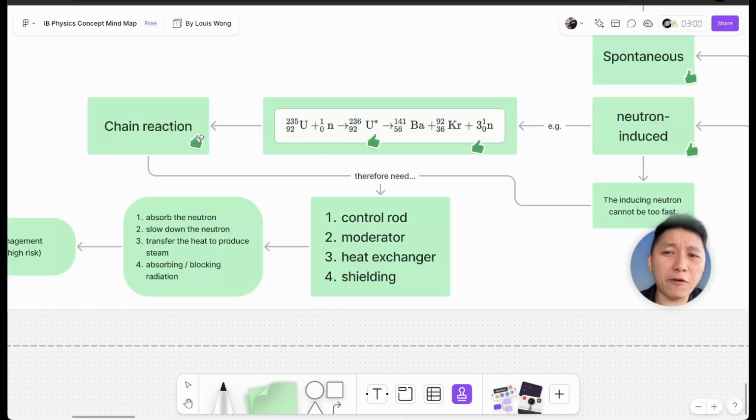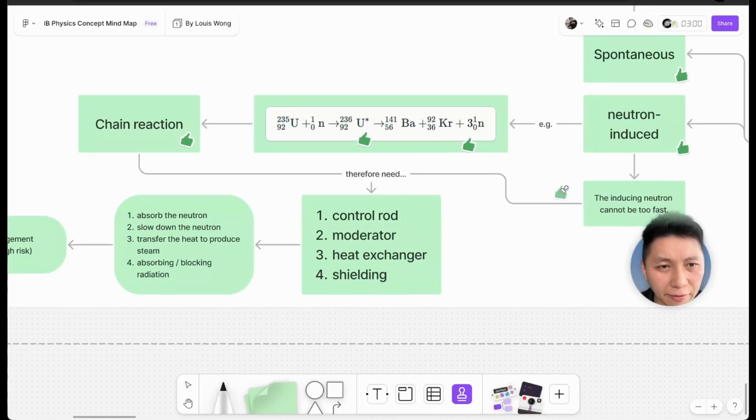So this forms a chain reaction because you have 3 neutrons afterwards, so you gain 2 neutrons by doing this, and these 2 neutrons can continue to react with other uranium-235.